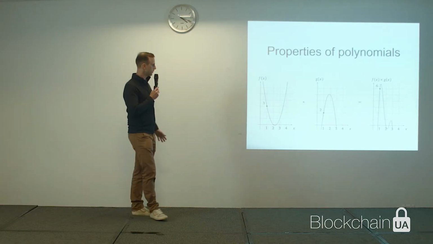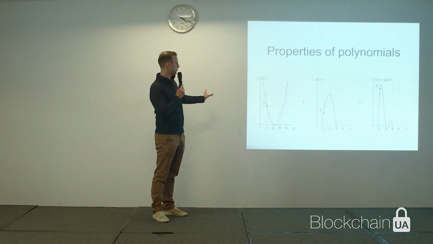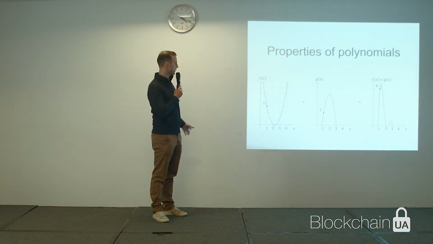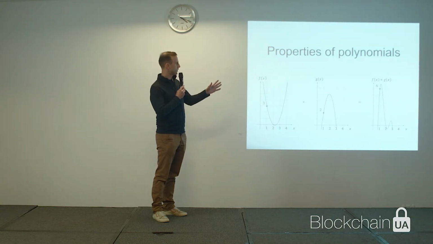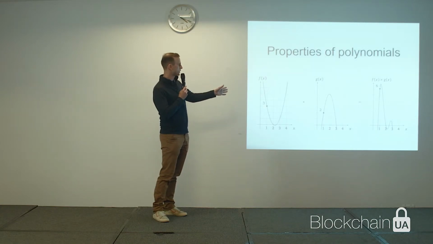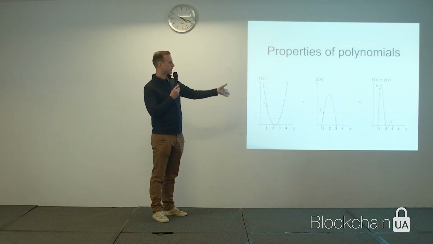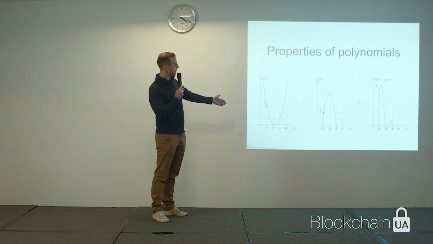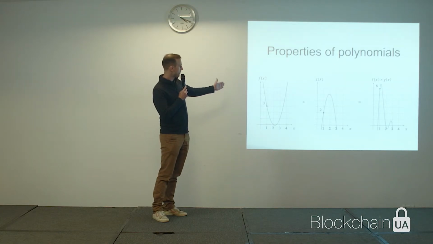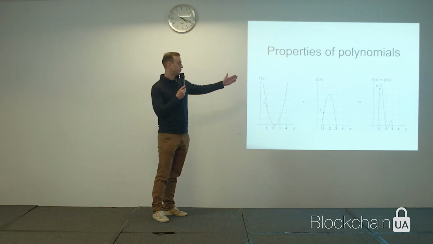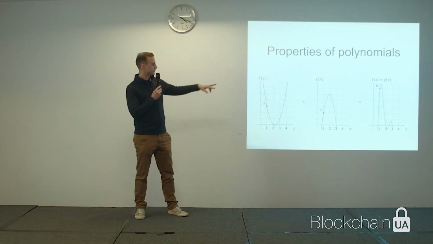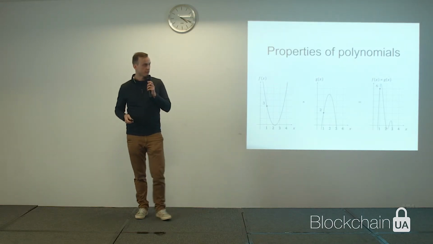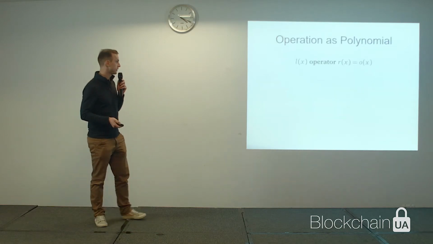If you take two polynomials like f and g and multiply them, at every point the evaluations of those polynomials will be multiplied. For example, at point 1, the evaluation of f will be multiplied by the evaluation of g, so it will be equal to 6, as you can see. This is a nice arithmetic property of polynomials.